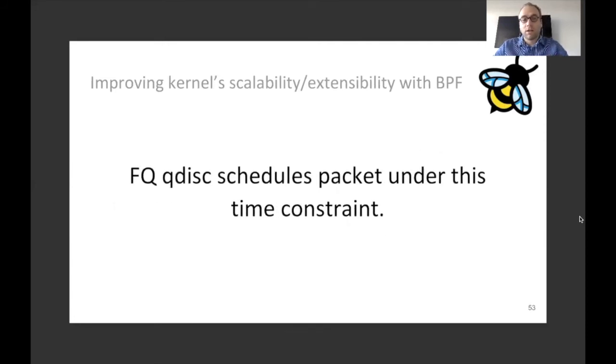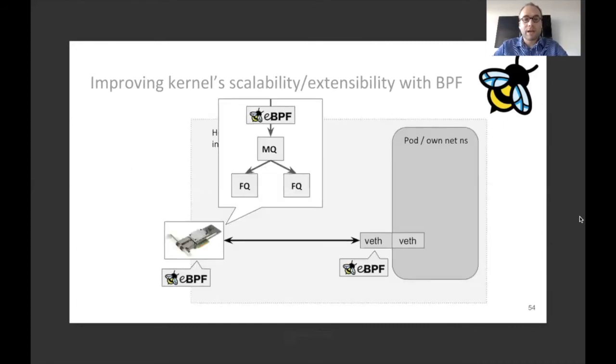And lower in the TCP QDisc layer, you have the so-called fair queue QDisc, which can then schedule this packet under this timing constraint, which means the BPF program sets the timestamp and FQ ensures that the packet is not sent earlier than that. This is basically how it looks like.